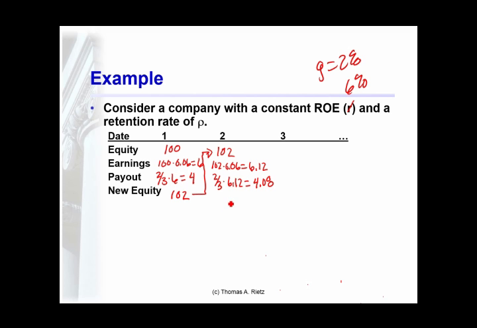So now my new equity is 102 plus the amount that I keep, 2.04. It's 104.04, and that's my equity going into next period.